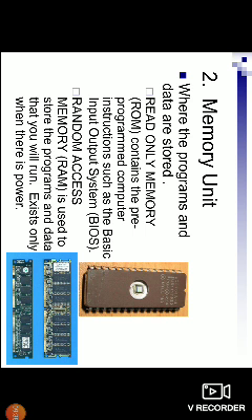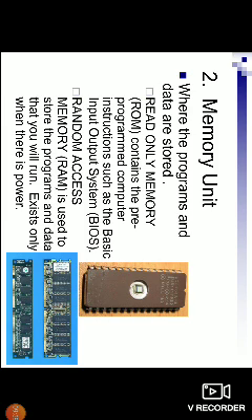The second one is memory unit, where the programs and data are stored. What is the use of memory unit? It stores the program and data. Here we have two types of memory units. The first one is ROM, that is read only memory.